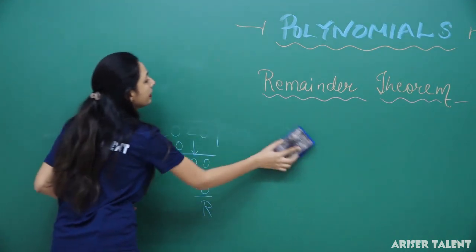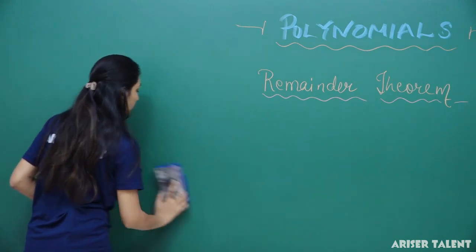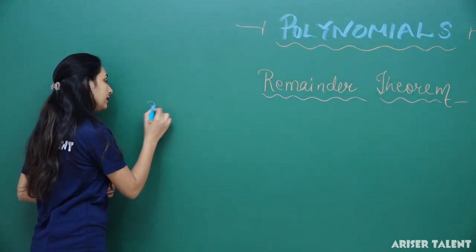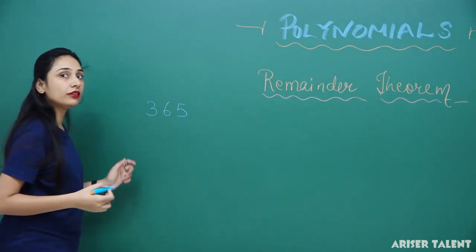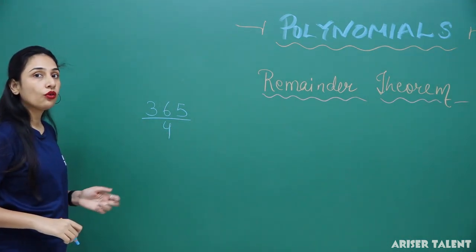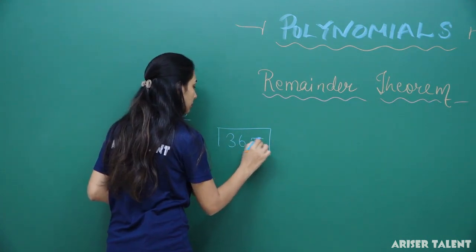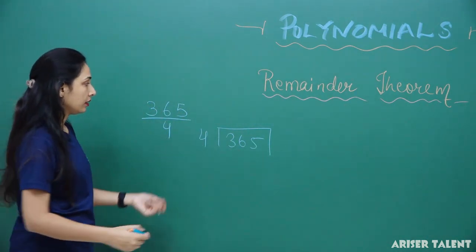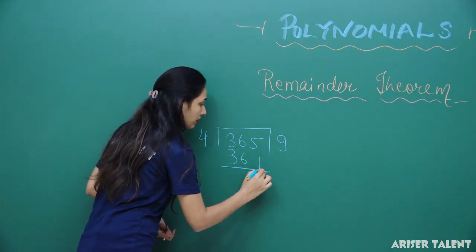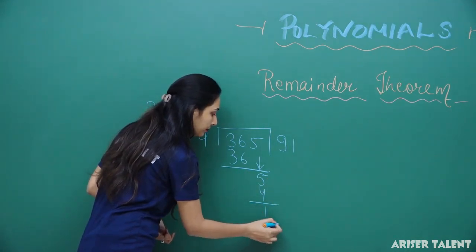Let's have another example. Now if I say divide 365 by 4, what will you say? Five here and 4 ones are 4, 1.